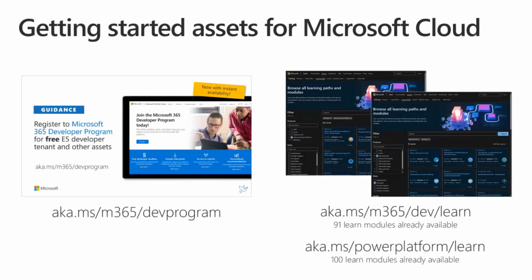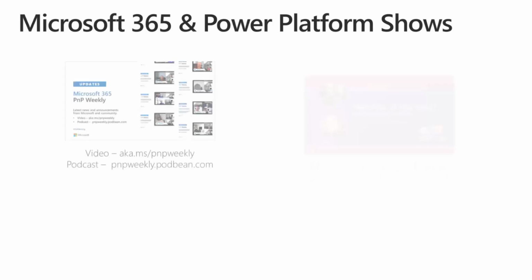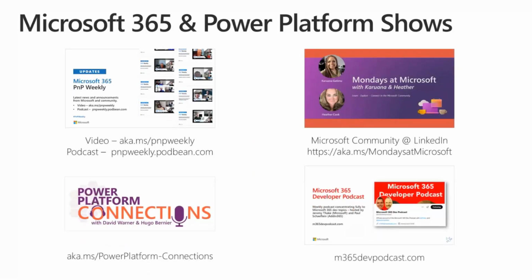I know Waldek's here, Dan's here, they contribute a ton to that as well. Just go to aka.ms/m365/dev/learn. And for the Power Platform, it's Power Platform/learn. So tons of examples driven by Microsoft and also the community on how to get scripted ways of getting from zero to hero without falling prey to any debug consoles.